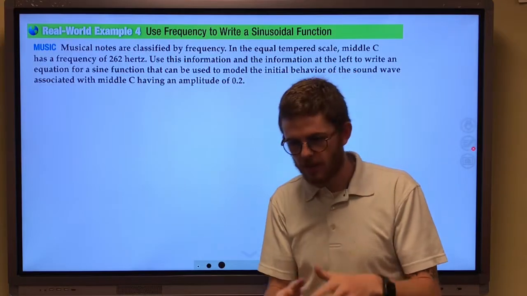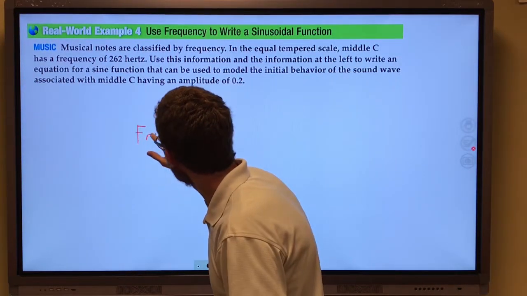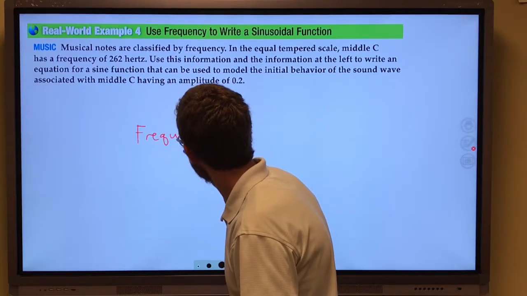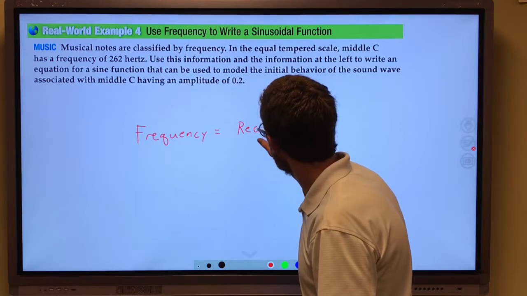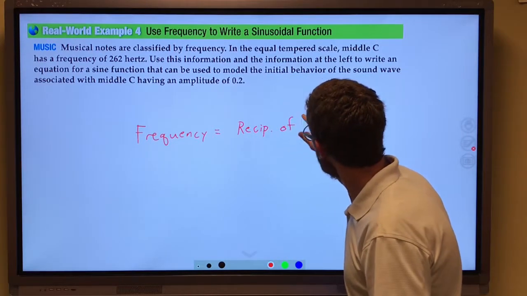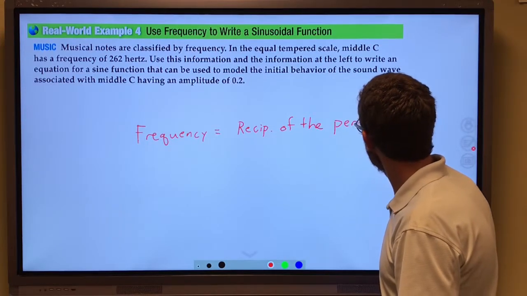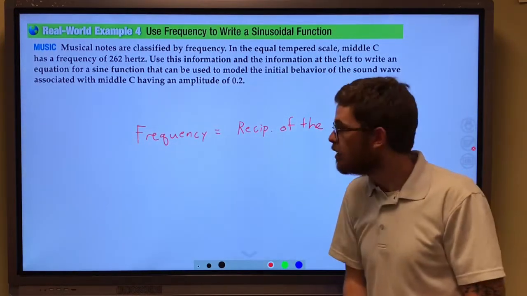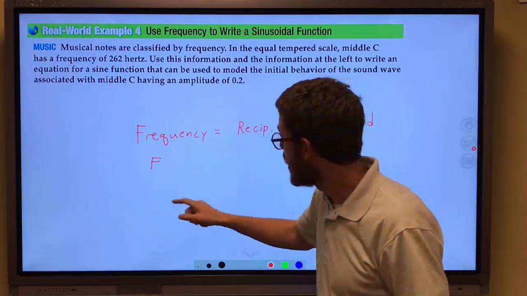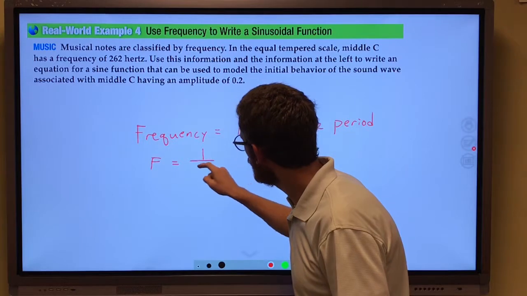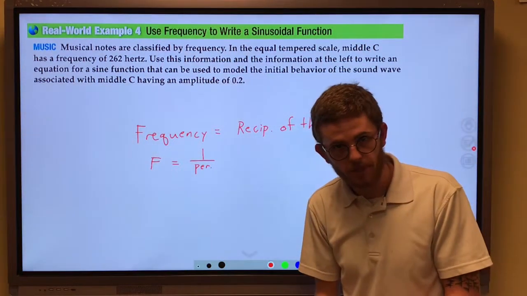It's kind of hard to wrap our minds around, but basically, the frequency is equal to the reciprocal of the period of our function. So essentially the frequency, let it just be f, is equal to 1 over the period, the reciprocal of our period.